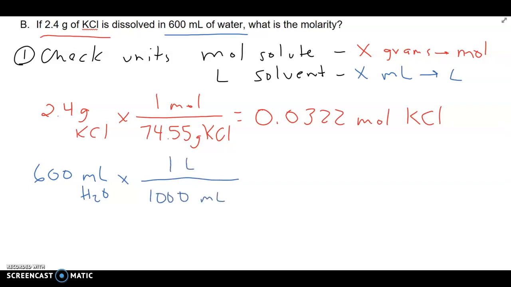I want to cancel out the milliliters. They go on the bottom. Liters go on the top. I divide. It becomes 0.6 liters of H2O. So now I have my units correct. Okay, I've got everything converted into the units I need to find my molarity.